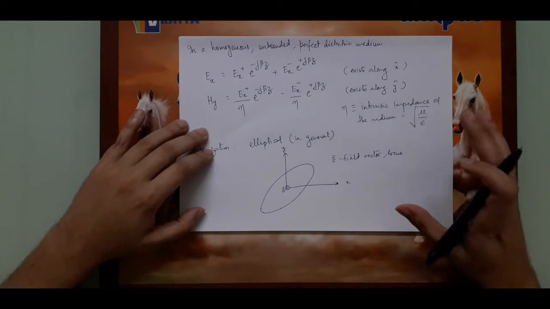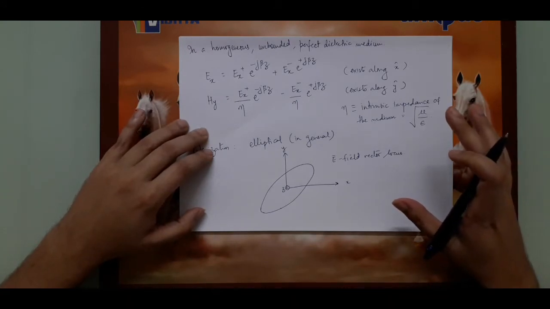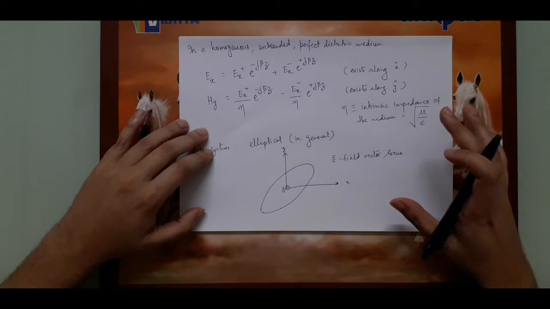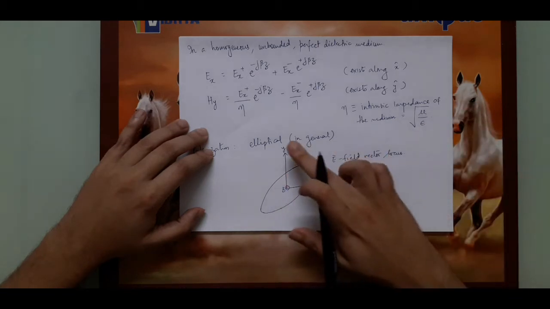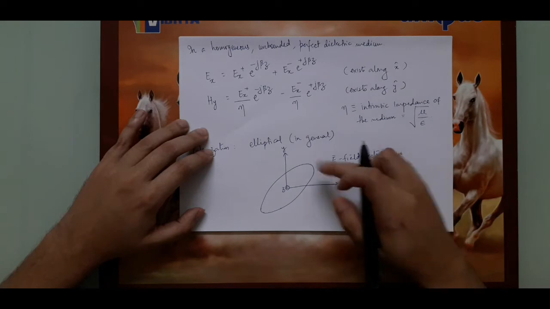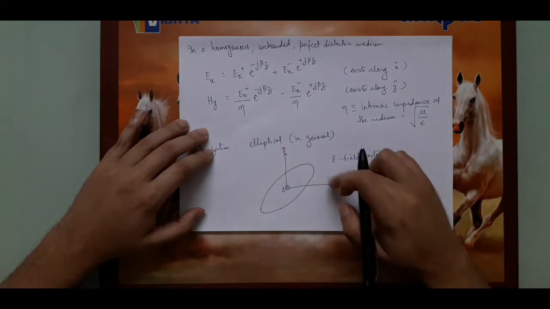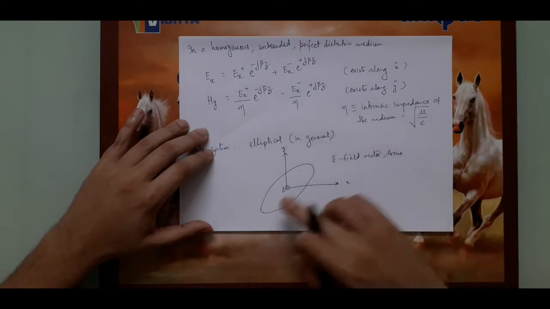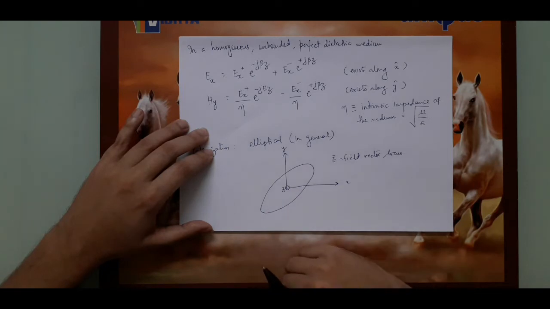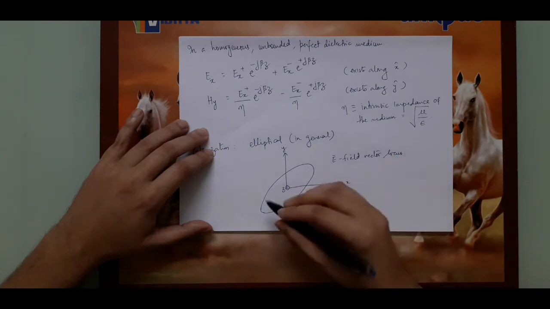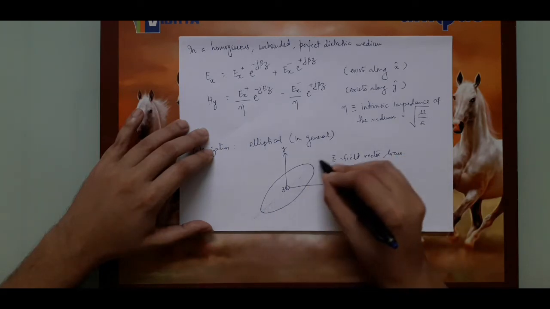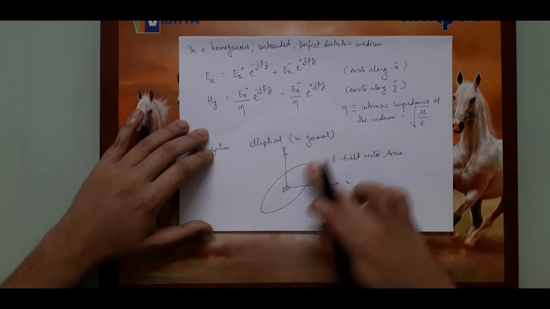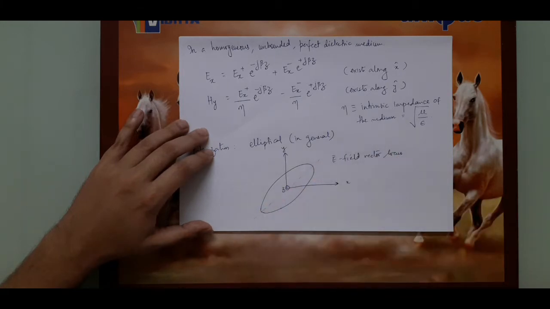So we saw that when the phase difference between the electric field x and y components is 0, as a special case, this ellipse becomes a straight line. So in that case, the electric field vector would oscillate along this axis.